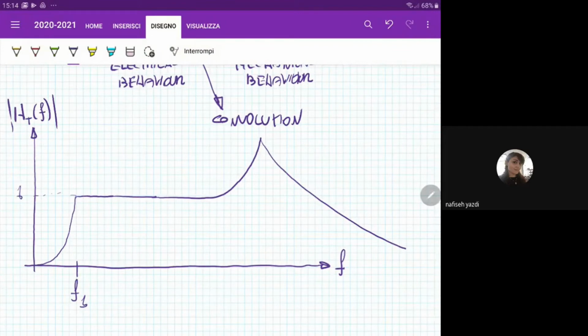Something like that. It is smooth, of course. And here we have a second frequency. Let me call it Fm.